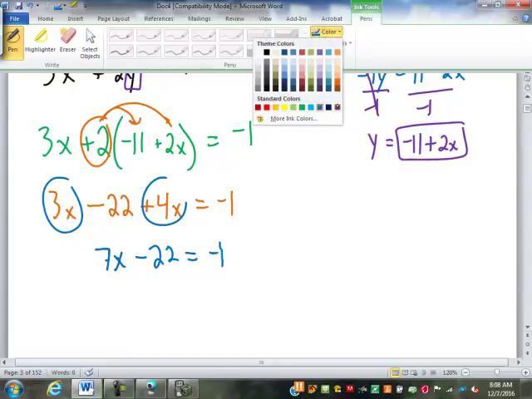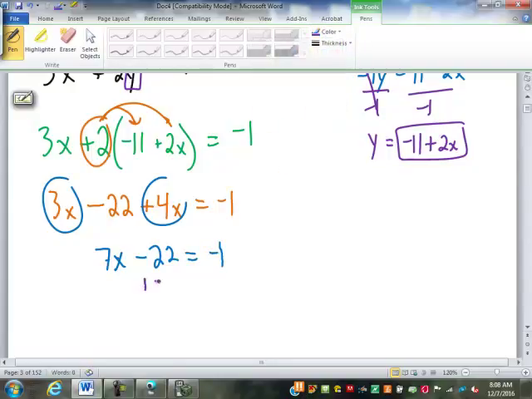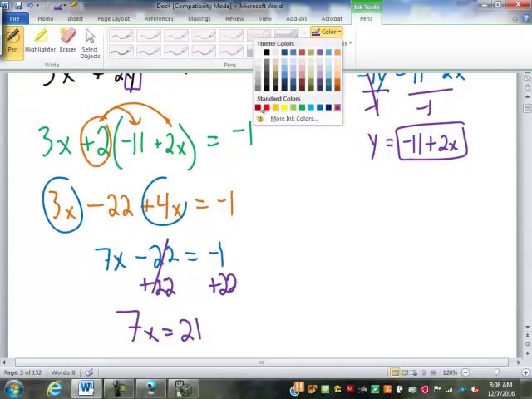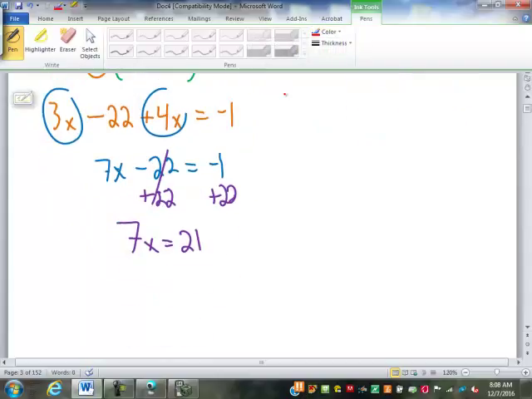And then add 22 to both sides. So 7x equals 21. And then divide by 7. X equals 3. So we now know x equals 3.